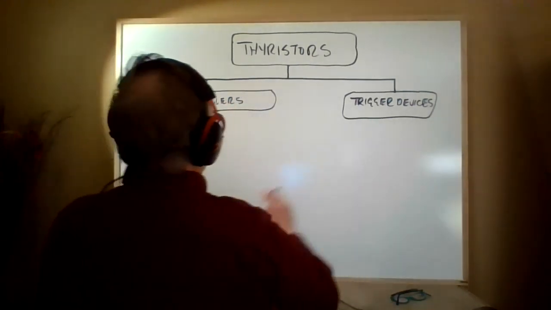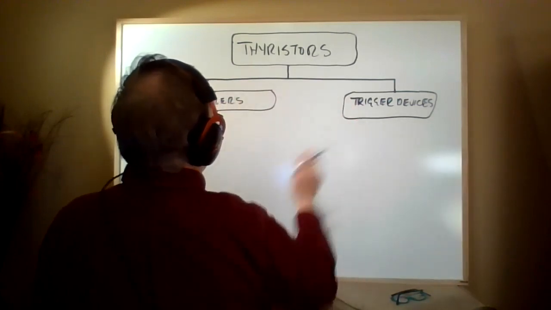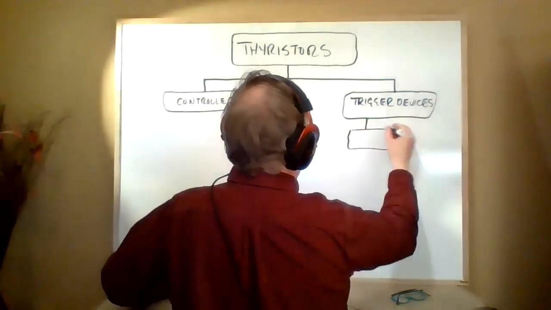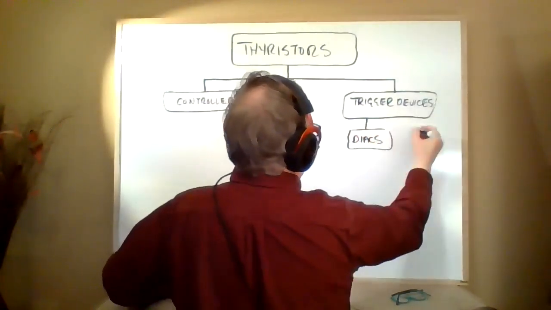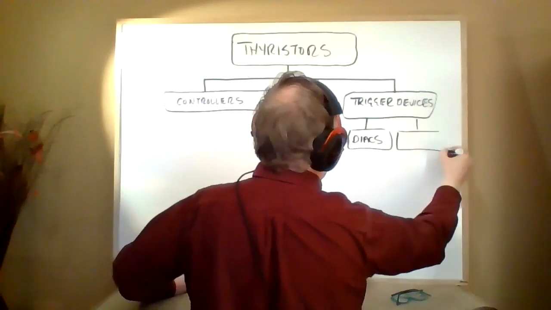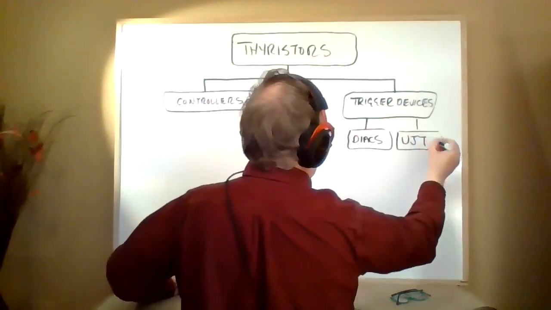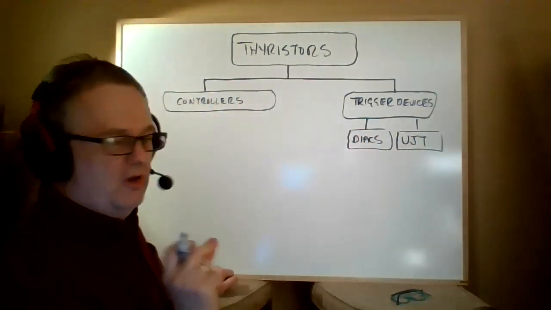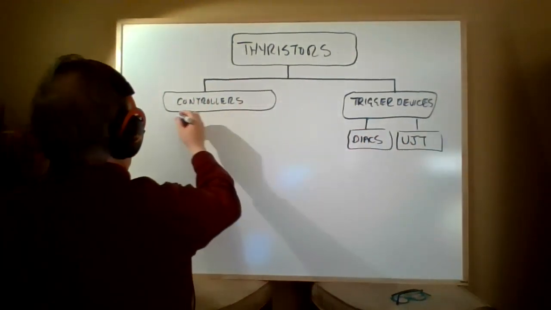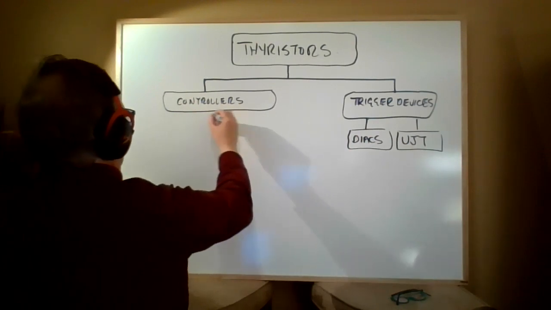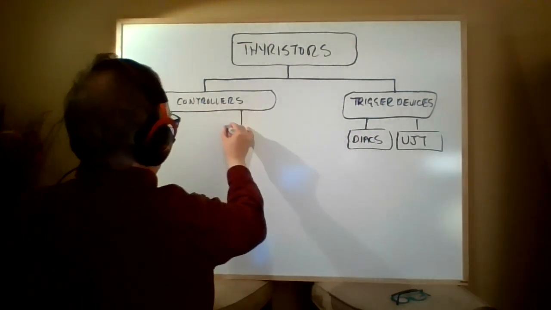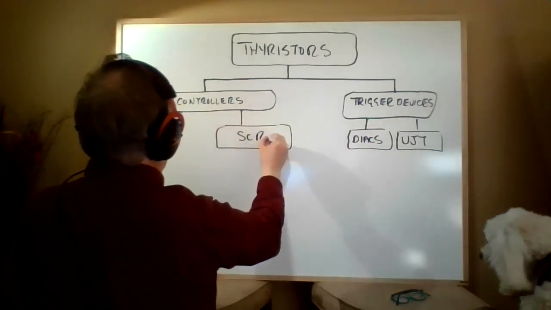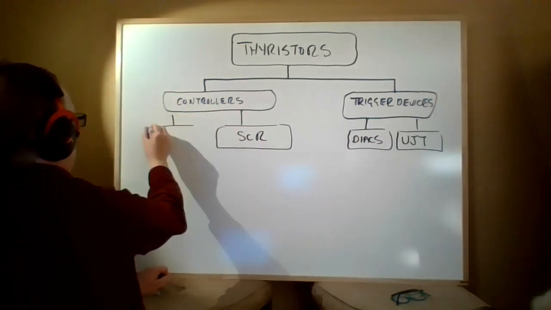And so these two types really work together. These are the diacs and the UJTs. Okay, so the diacs and the UJTs are the trigger devices that control the small pulses. And those pulses are supplied to these devices, the SCR and the triac.